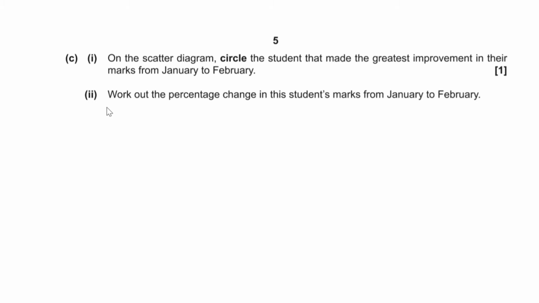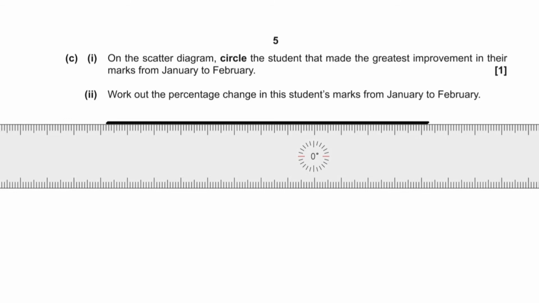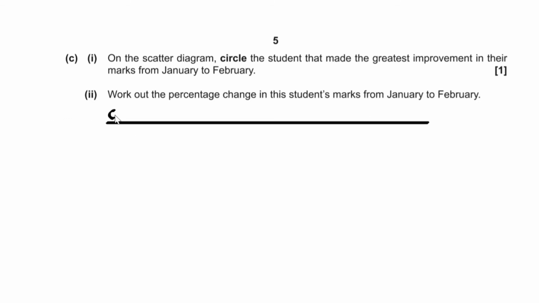And then we have to work out the percentage change in the student's marks from January to February. Well, in February they got 66. In January they got 30. So to work out the percentage change, we would have 66 subtract 30 divided by 30, and then we multiply this result by 100.